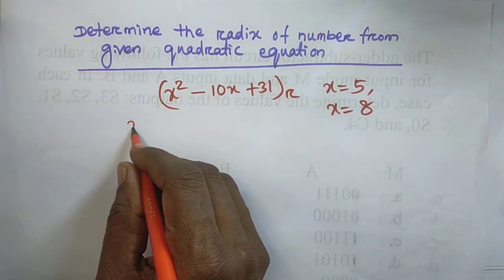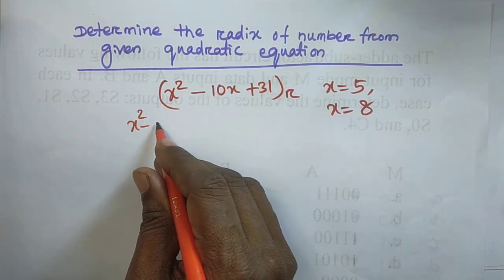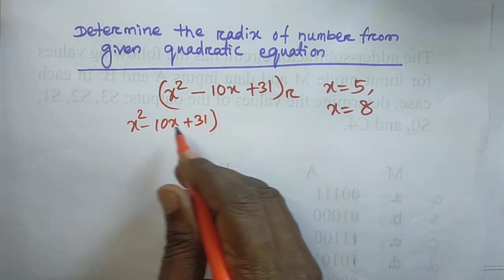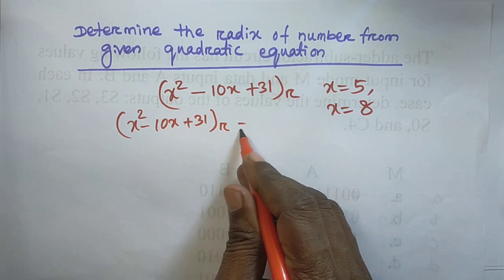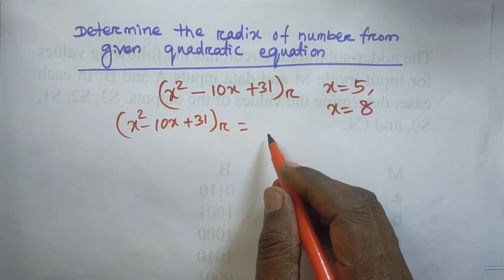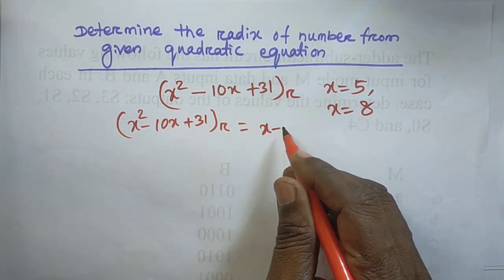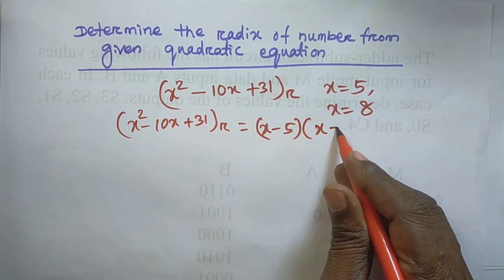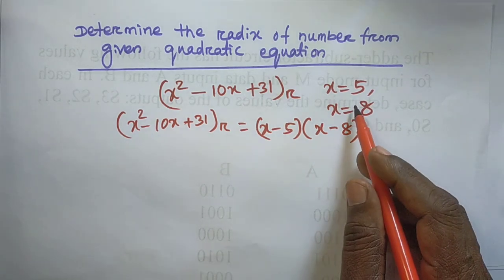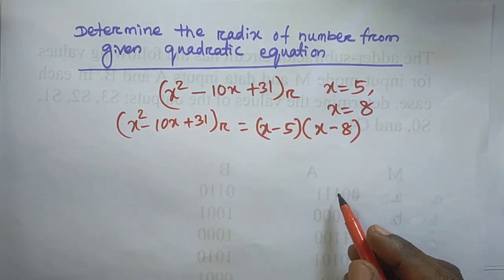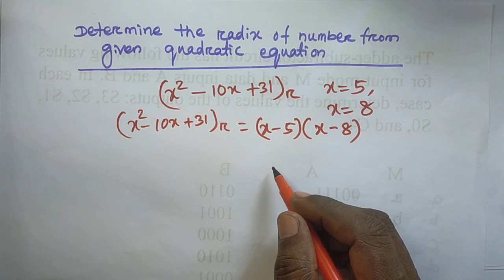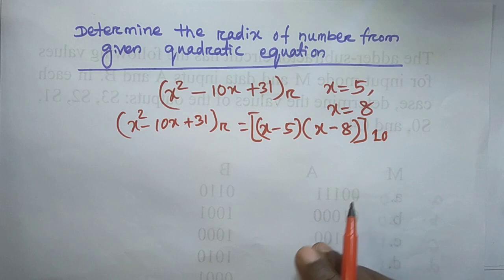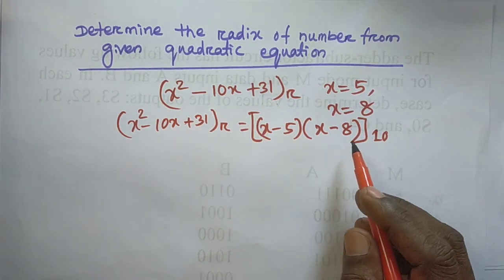That means x square minus 10x plus 31, where the radix we don't know. Suppose the radix is r. Since these are the solutions, the equation is x minus 5 into x minus 8, with base 10.